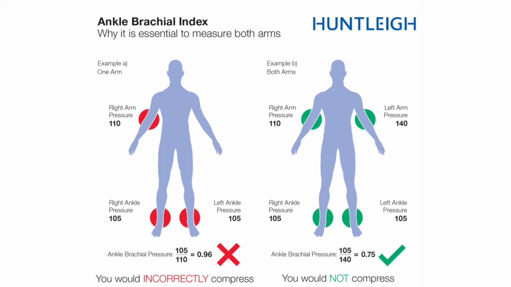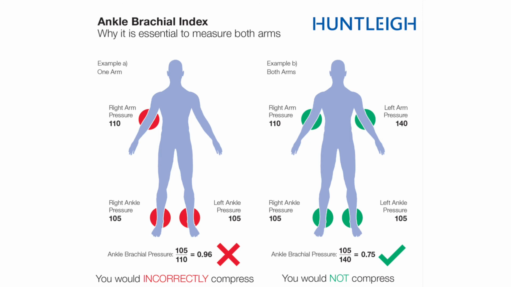Here's another diagram on how to measure your ABI. You can measure it in both arms, like you see in the one in green. You have a right arm pressure of 110 and a left arm pressure of 140, and you measure the pressure of both the right and left ankle.